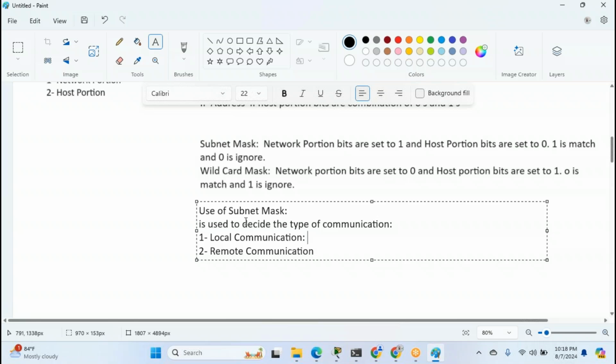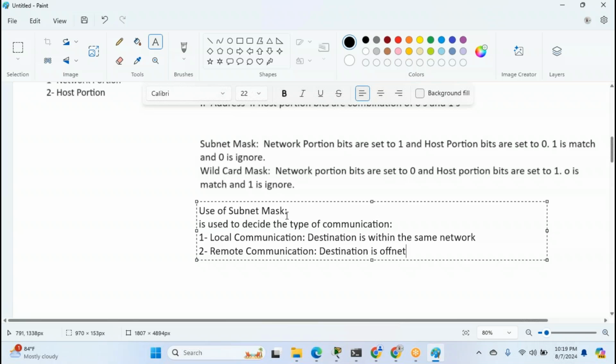Local communication means the destination is within the same network. If the destination is off net, meaning outside of the network in some other network, that is called remote communication.